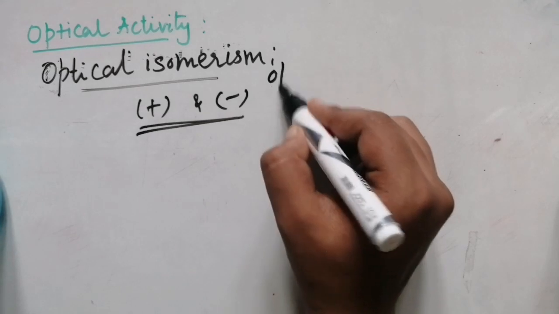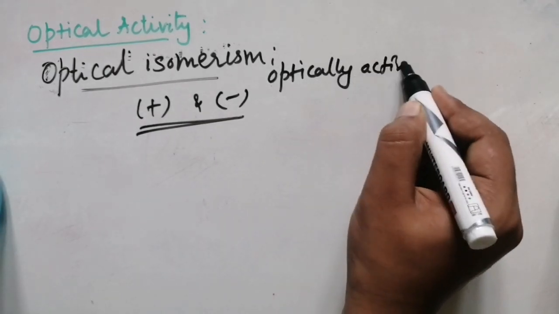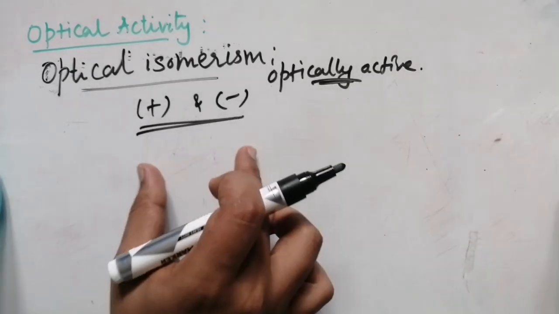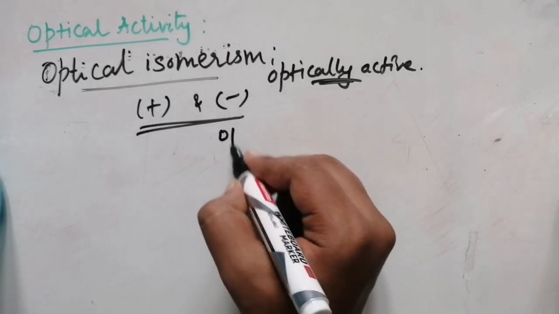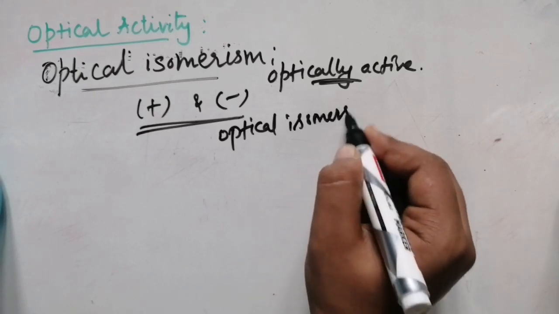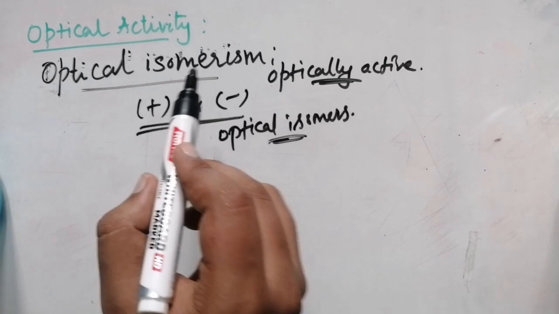The dextrorotatory and levorotatory structures of optically active substances are called optical isomers, and the phenomenon is called optical isomerism.